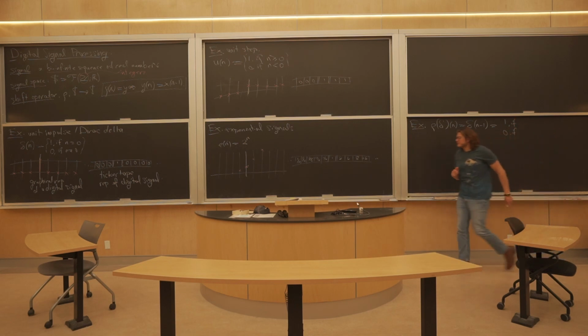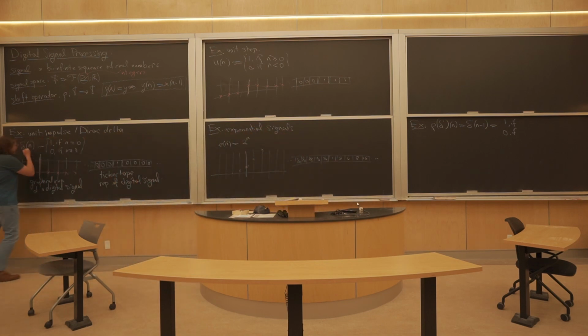Now, when we wrote this definition, the input was n, and that's why I saw n here. But there, the input is n minus 1. If you want, you can think of n minus 1 equals m, and do things that way. In any event, instead of n over there, I should be writing n minus 1.